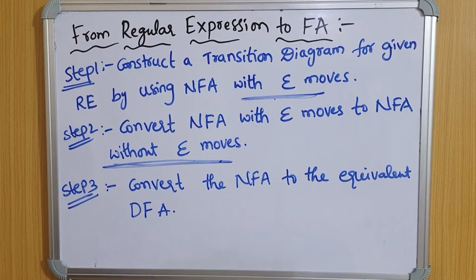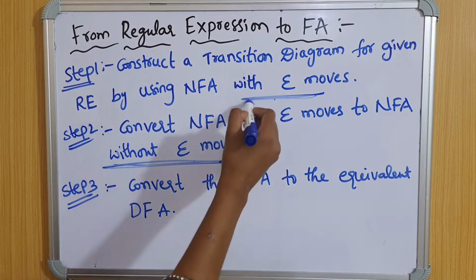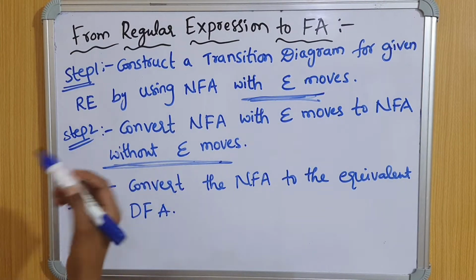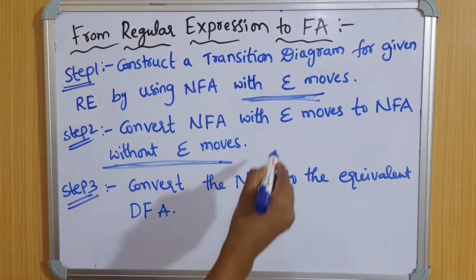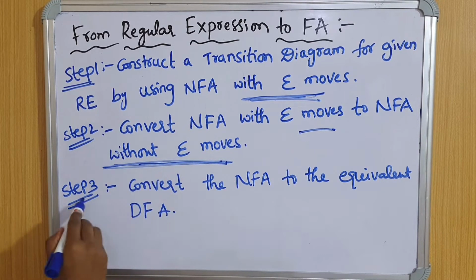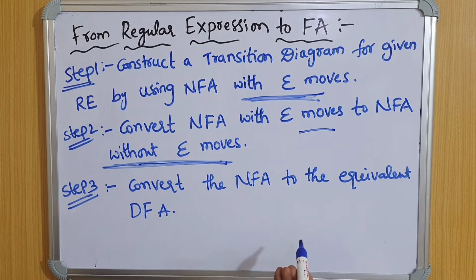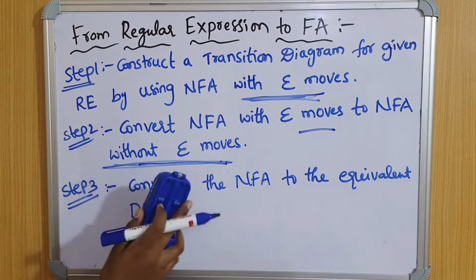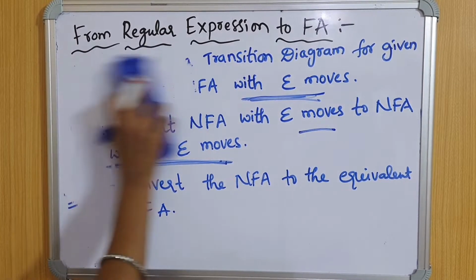What is the first step? Construct a transition diagram for a given regular expression by using the NFA with epsilon moves. Next, convert the NFA with epsilon moves to without epsilon moves, and the third step is to convert the NFA to the equivalent DFA. If you see the example, you can understand easily.